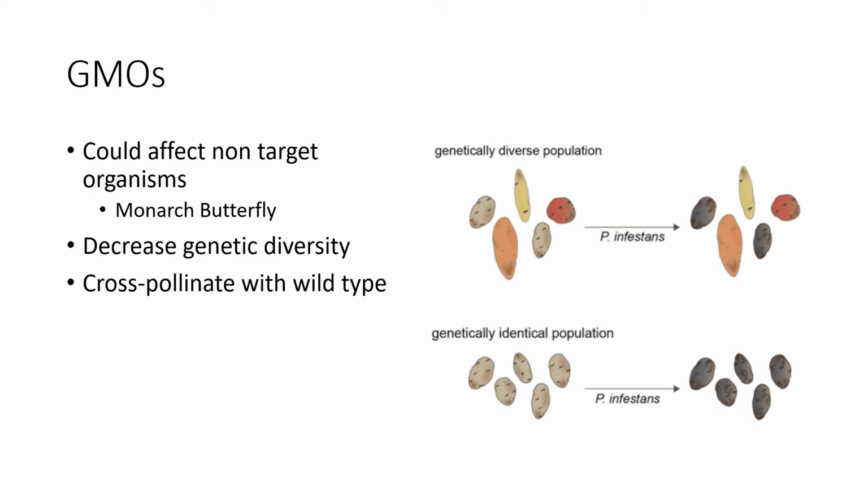And if I grow all the same thing and some kind of disease comes in, I lose my whole crop. Whereas if you have that genetic diversity, if a disease comes in, then maybe one part of the crop is bad, but the rest are good, and that is economically good for me as a farmer. And then another problem is that GMOs possibly cross-pollinate with wild types, and there's no way to really control pollen.